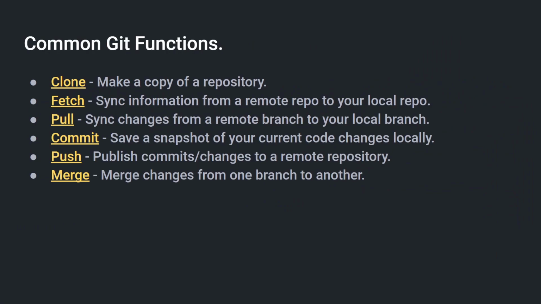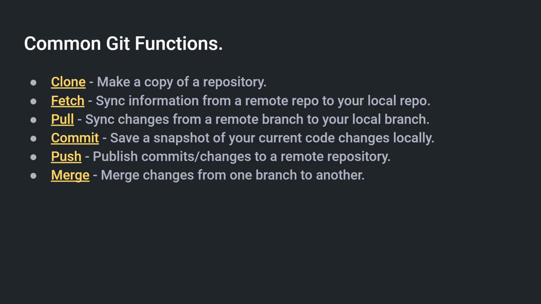So common Git functions. First of all, clone. We just talked about that: cloning is pretty much downloading a copy of a repository. This command can be used on your local computer, but it's usually used when you want to make a copy of a remote repository.